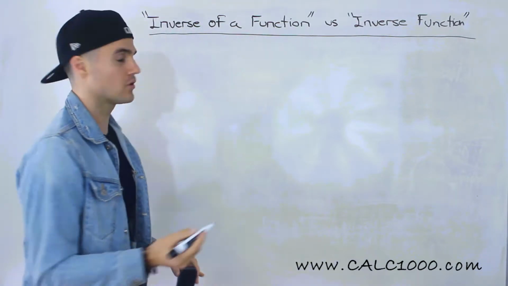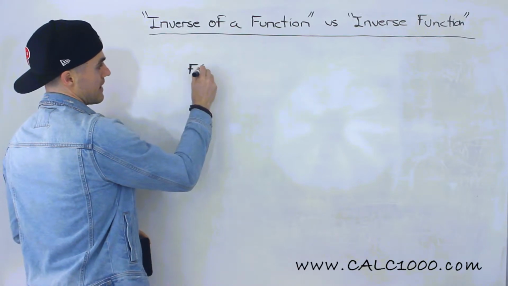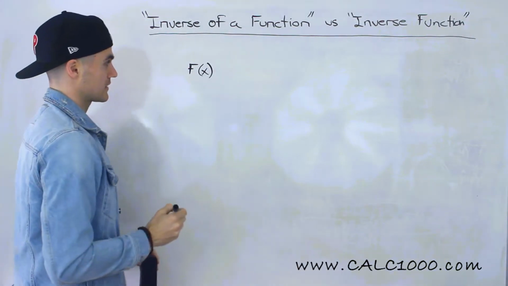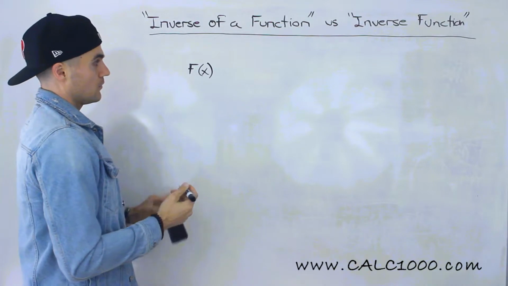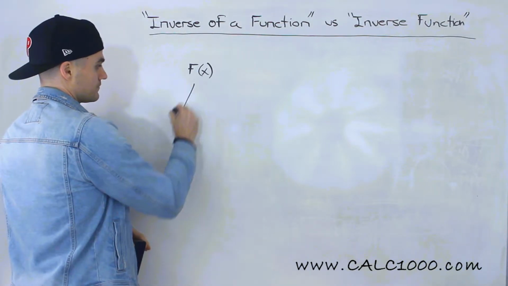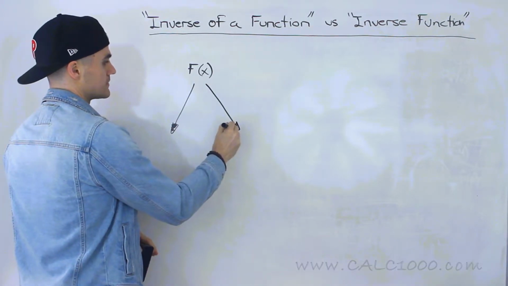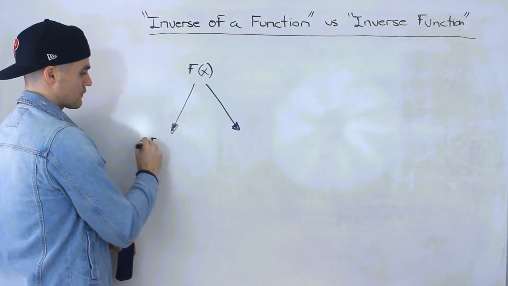Well, it's pretty simple. I'll show it to you visually. Let's say that we have a function, f of x. Now, we can find the inverse of this function, and there are two possibilities.